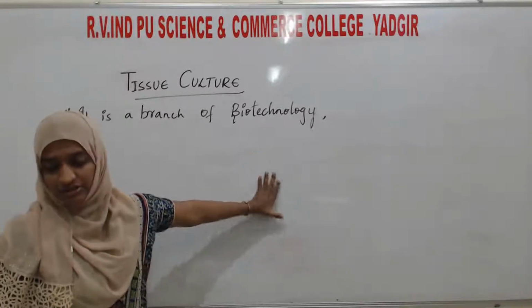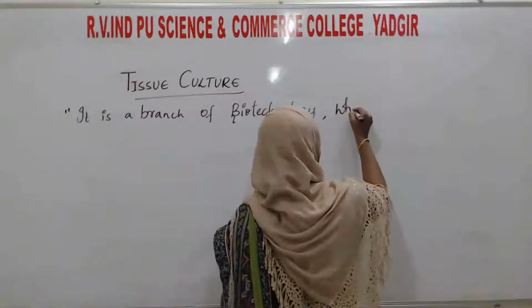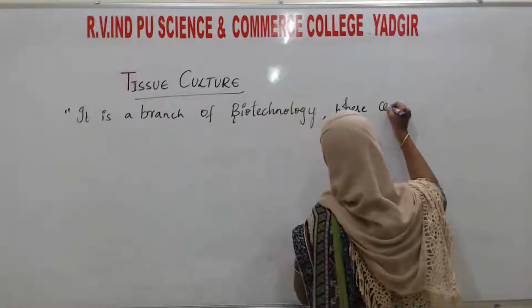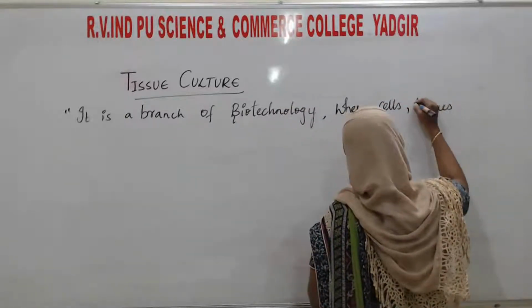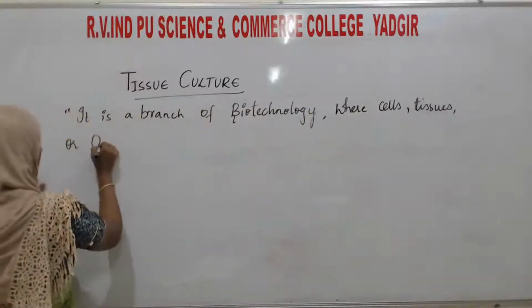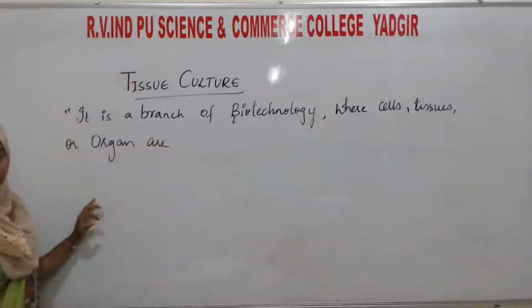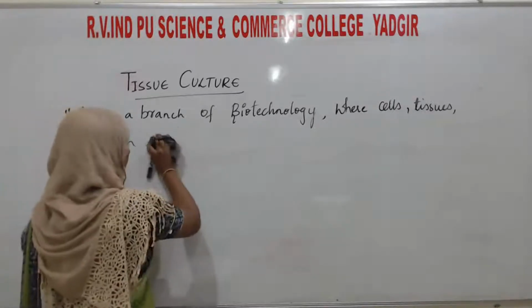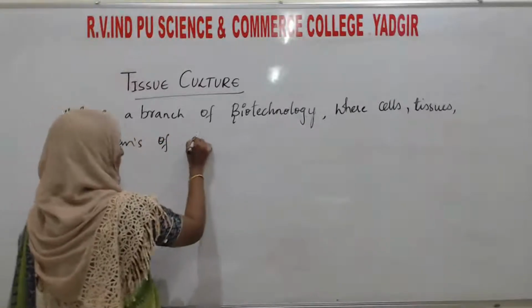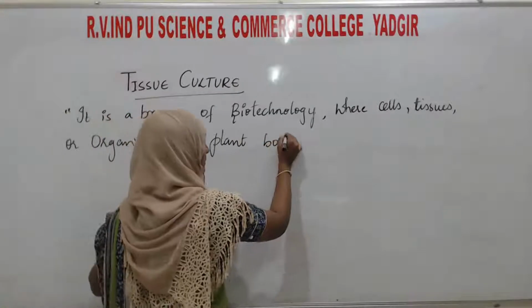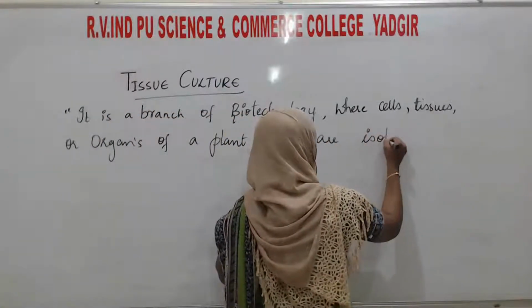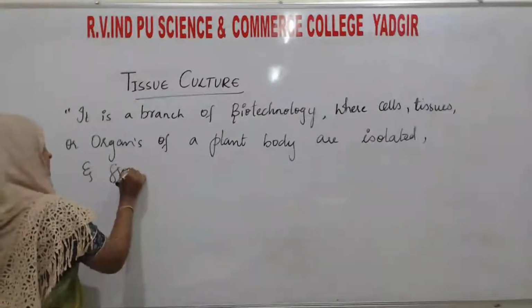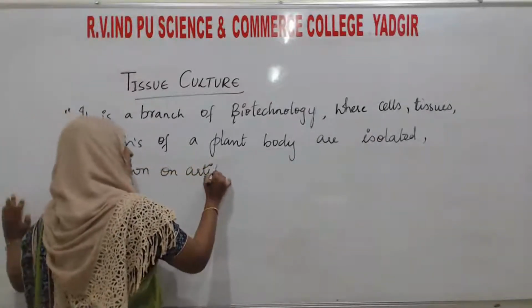It comes under plant biotechnology, where cells, tissues or organs of a plant body are isolated and then grown on an artificial medium.